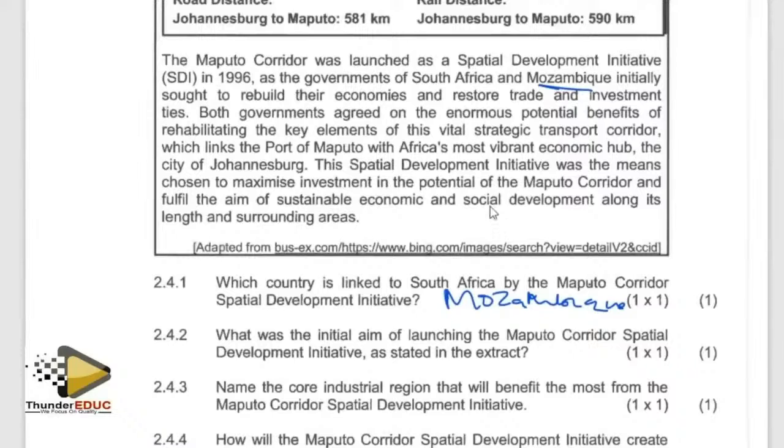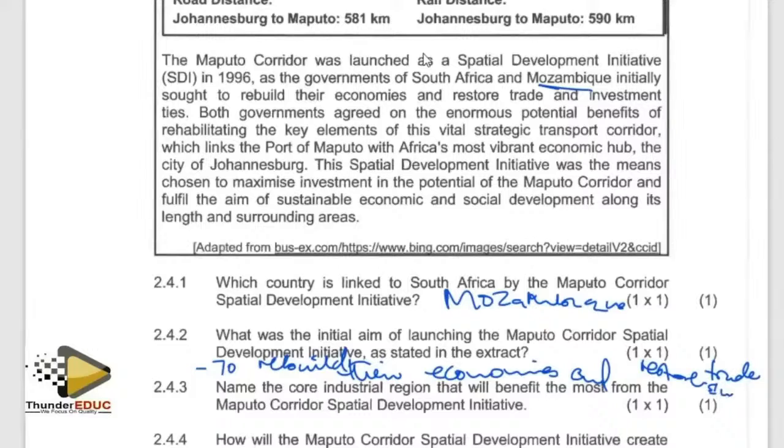No, here it is written to rebuild their economies and restore trade and investment. So we shall say here, it's one mark, to rebuild their economies, and restore trade and investments.